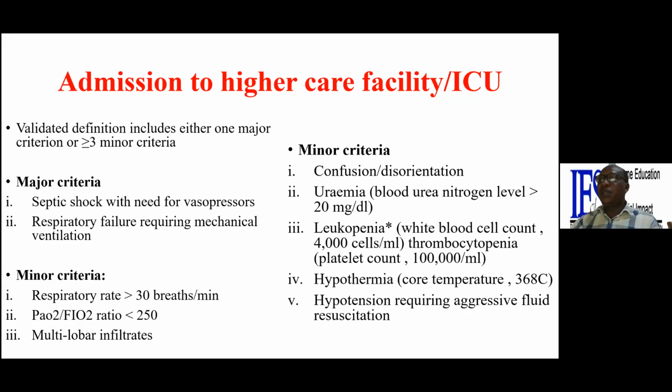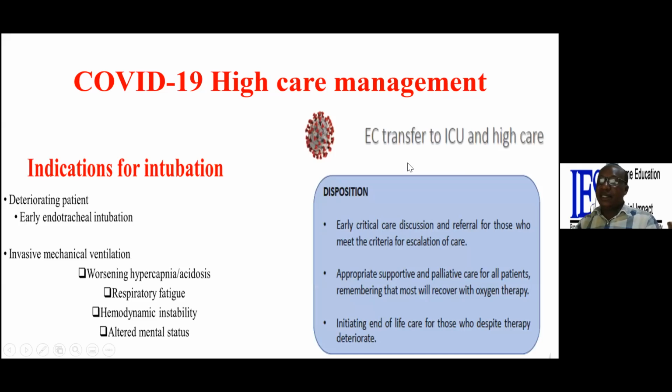Of course, the patient with multilobar infiltrate on your X-ray, confusion, altered mental status, uremia, leukopenia or hypothermia, and hypotension. So those criteria are validated, and you will see which condition the patient is having, and which criteria he is meeting. Then you can say, oh, let's send the patient to ICU. So let's see the next slide, please.